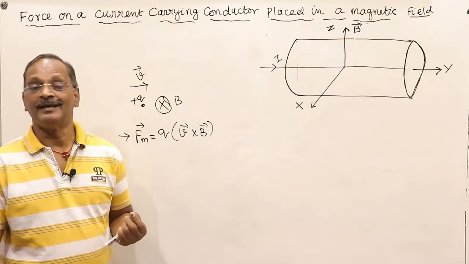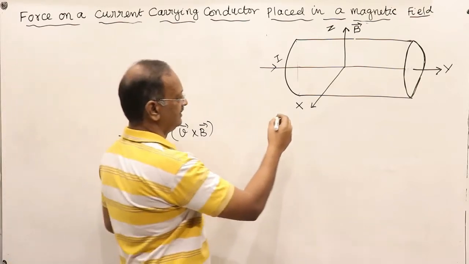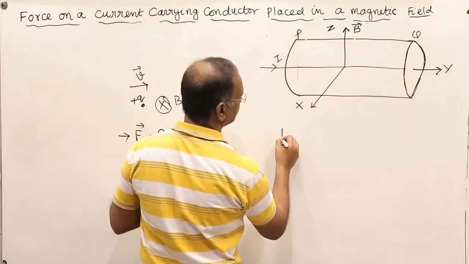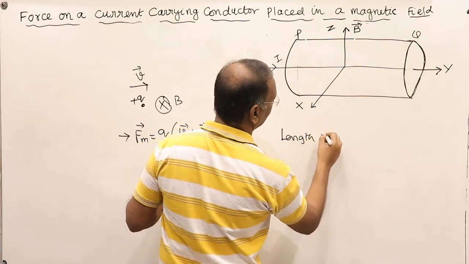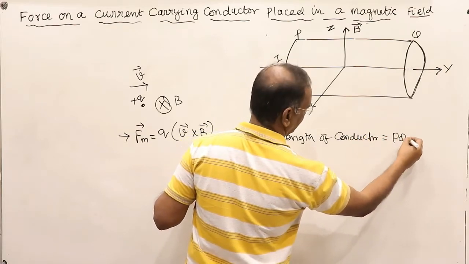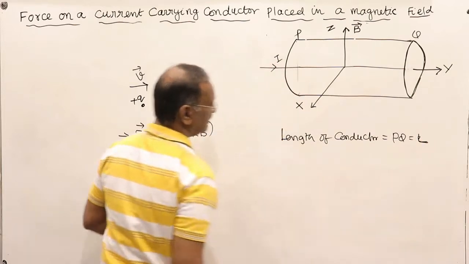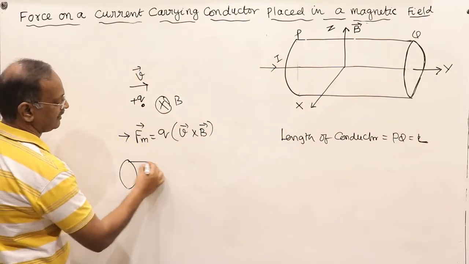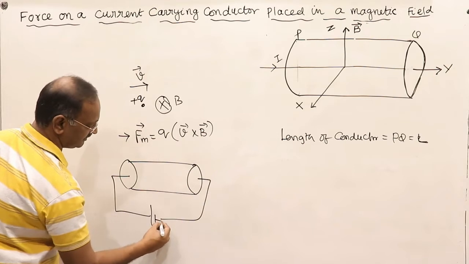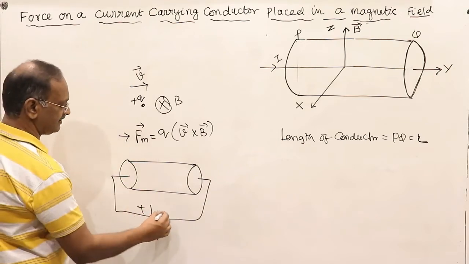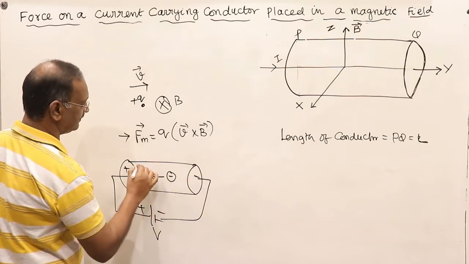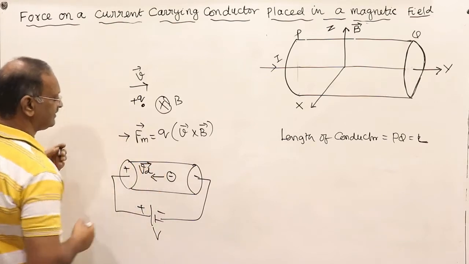Suppose for a current carrying conductor, let's say this is P, Q, the length of the conductor PQ is equal to L. When we apply a potential difference in this conductor, this side becomes positive, this is negative, the negative electron will be drifting with a velocity which we call a drift velocity.